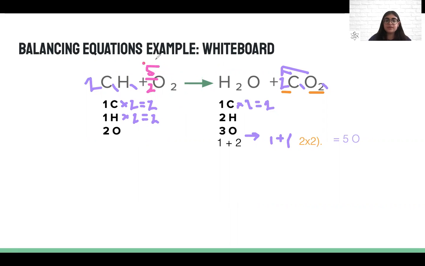So this whole thing, 5 halves molecules of O2, gives us 5 oxygens. Okay. So we have 2 multiplied by 5 halves. That's a little weird though.